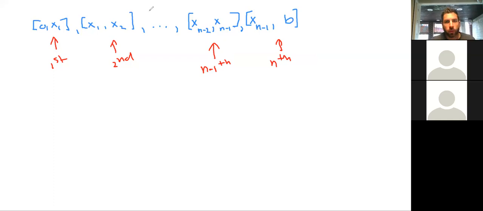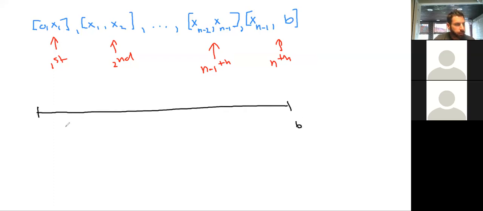So if you want to think of this as a number line, that is also helpful. If this is b and this is a, then you have your x sub 1, then your x sub 2, then your x sub 3, etc. And then the one that comes before b is x sub n minus 1. And the one that comes before that is x sub n minus 2.